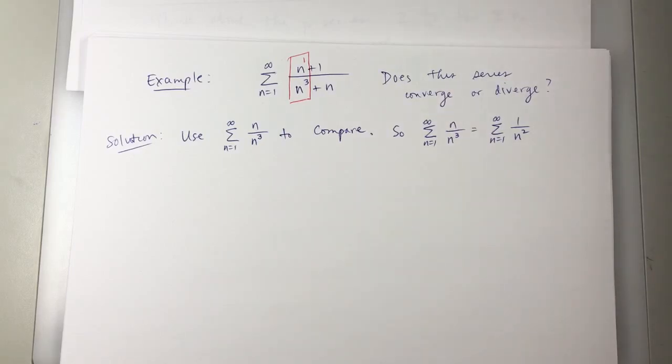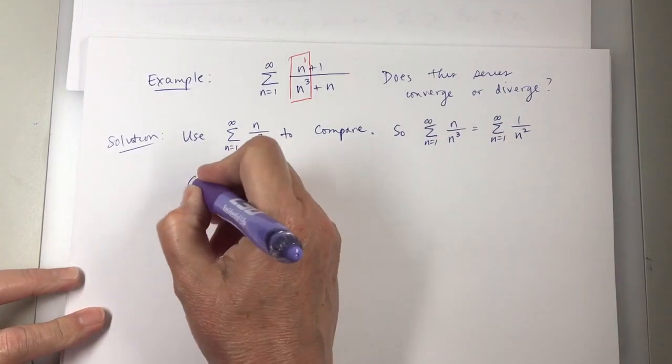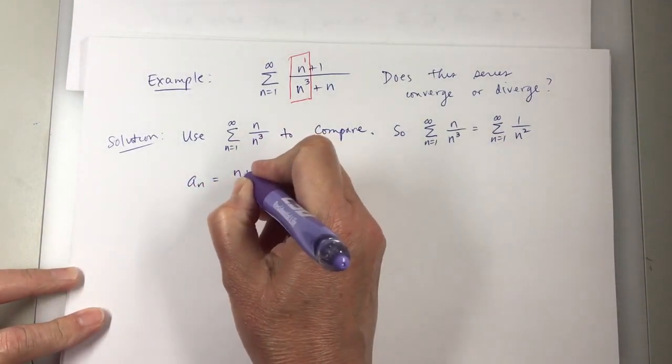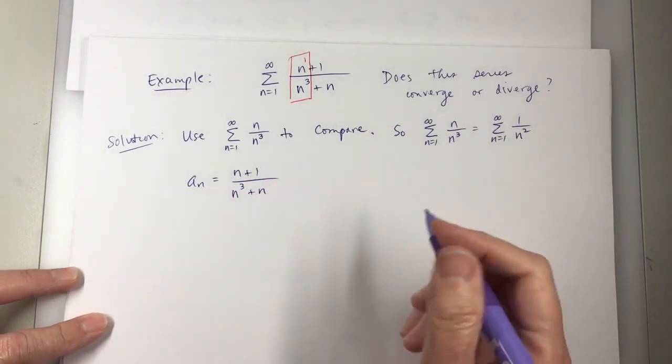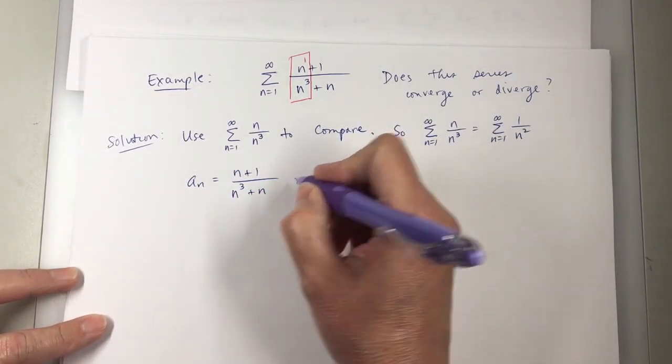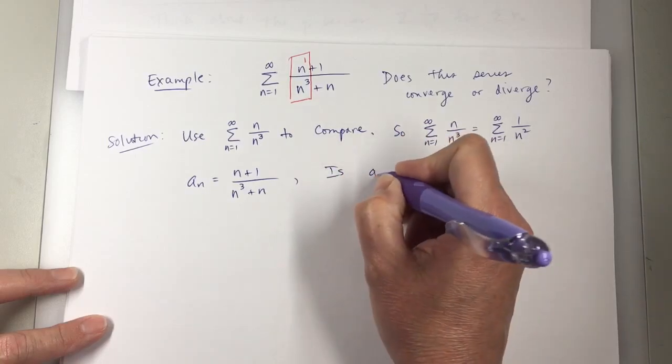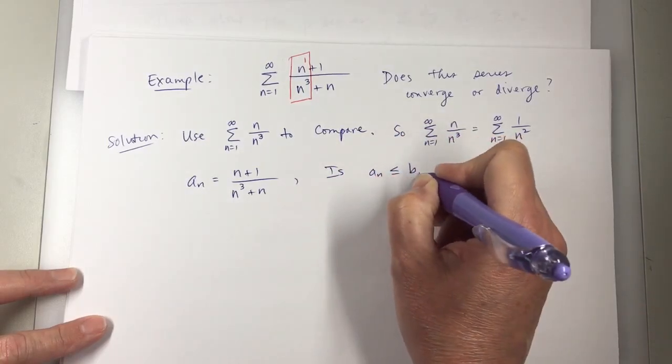So now we have to say, okay, well, let's see. A sub n is n plus 1 over n cubed plus n. And we need to know this: is a sub n less than or equal to b sub n?